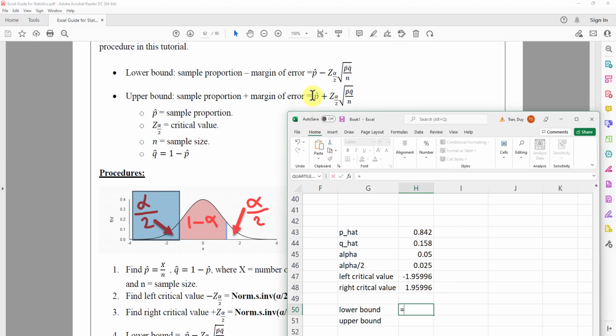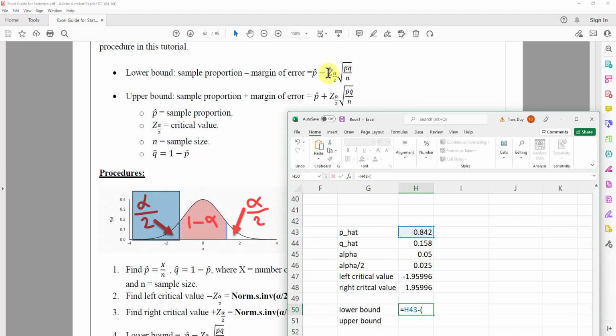So equal p hat, right? P hat is this value minus, and then we multiply these two terms, and we take the p hat minus that. So I put everything inside a parenthesis.